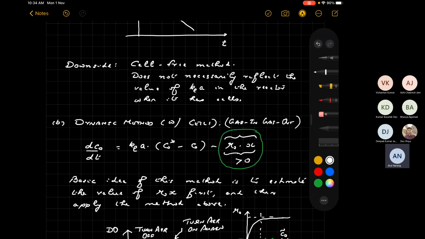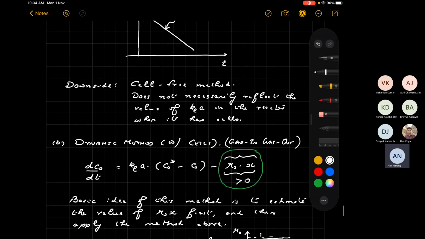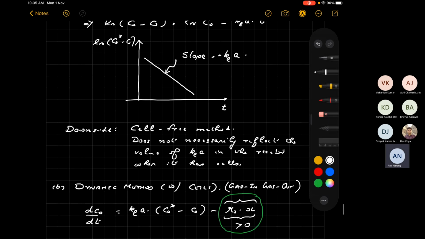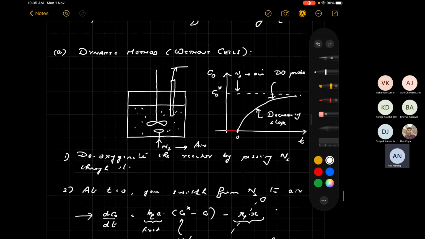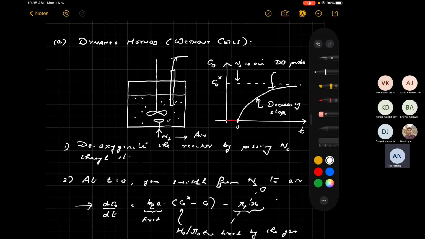But the truth of the matter is that it will not be so, because when I switch from nitrogen to air, for some time I will still have the nitrogen bubbles lingering from the past. And therefore, what is this concentration CO star? Remember, this is the concentration that is in equilibrium with the bulk concentration in the gas phase.